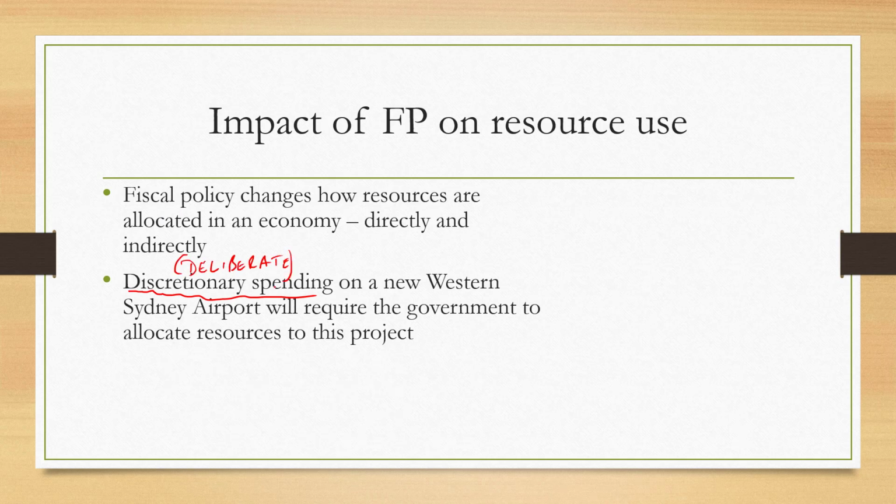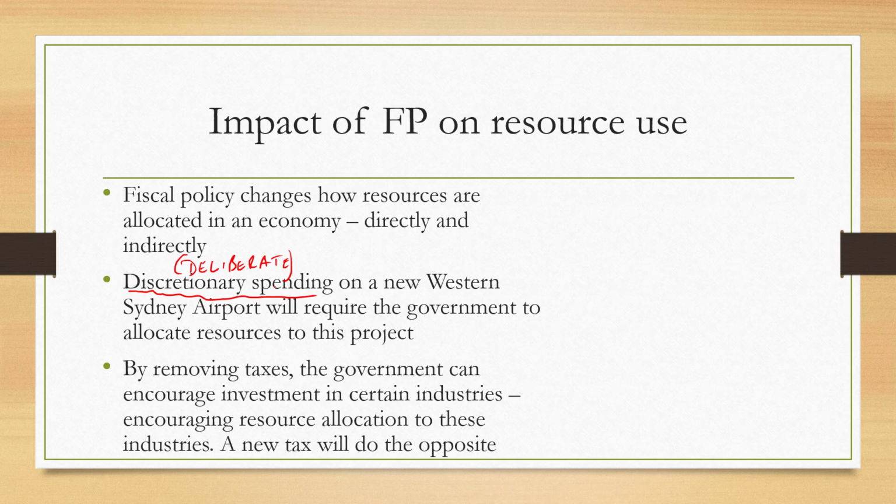If the government chooses to spend more money on a Western Sydney airport, a new Western Sydney airport, that will require the government to allocate resources to this project. So it will have to allocate land or labour or capital, all those sorts of things, which will then in turn attract more resources to that project. But the government starts this process.